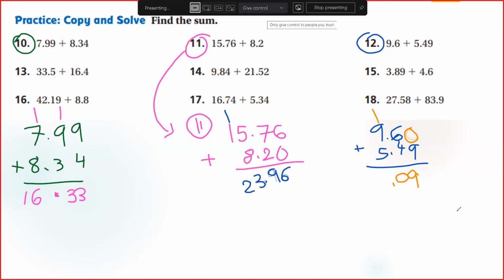Then next. 9 plus 5. No, 9 plus 4, 14, right? It's correct. Then plus what? It will be 15. Bravo. So the answer is 15 and 900. Okay. Thank you, Noura.